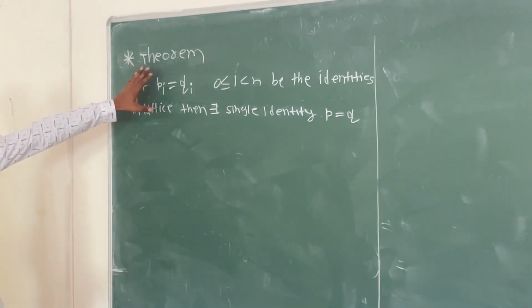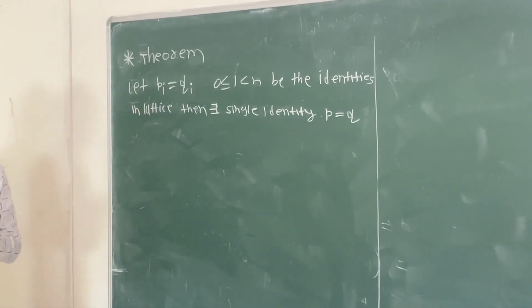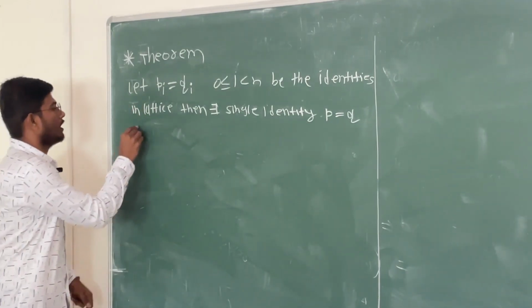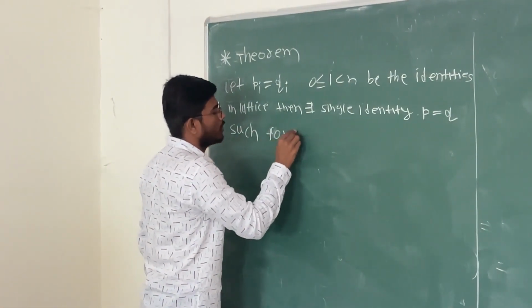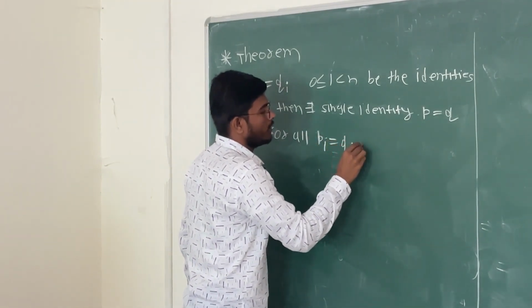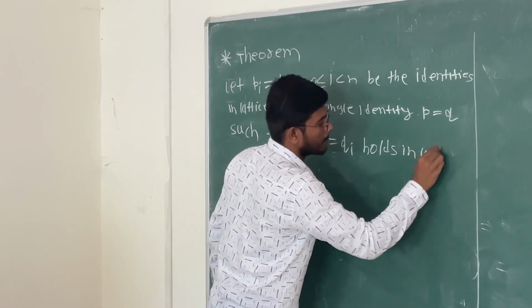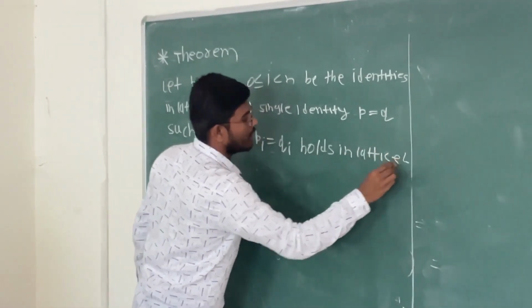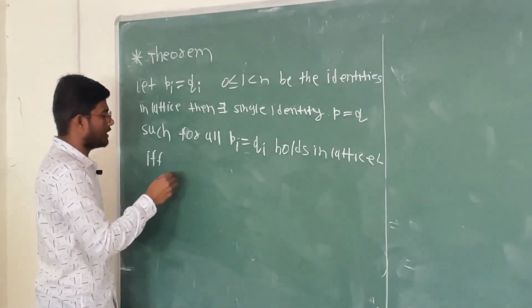We are taking some identities pi equal to qi in a lattice. Then there exists a single identity p equal to q, such that all pi equal to qi hold in the lattice if and only if p equal to q also holds in the lattice.